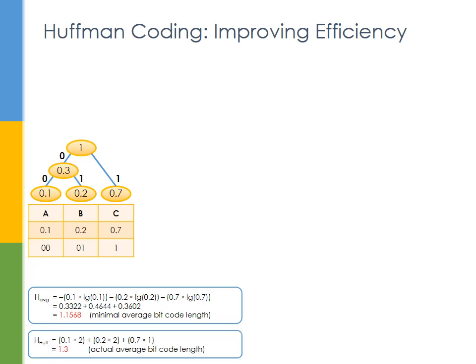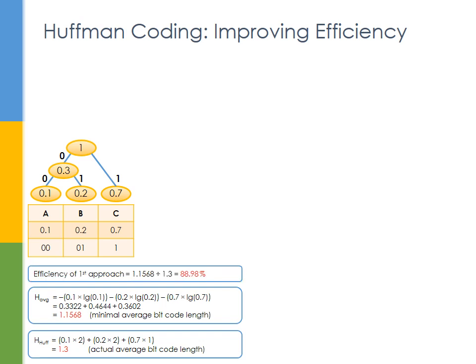We then compute the actual average bit code length based on the actual encoding that we've generated, and we see that we get a value of 1.3, meaning with this actual encoding, we require an average of 1.3 bits per symbol for our encoding.